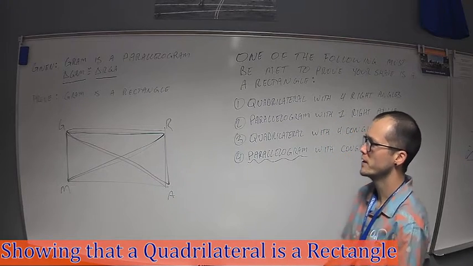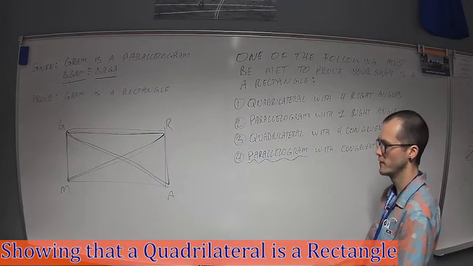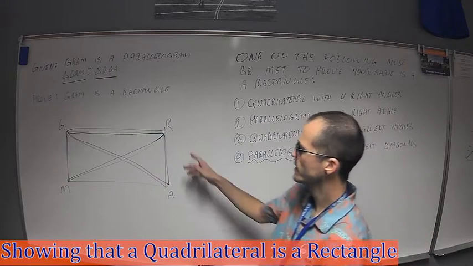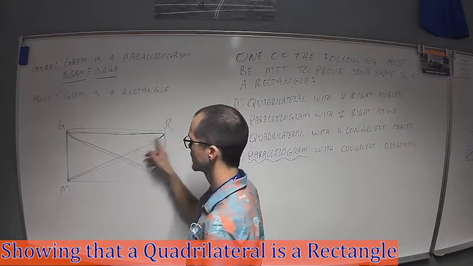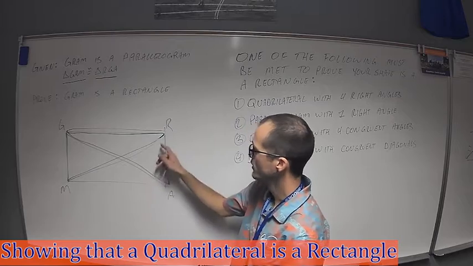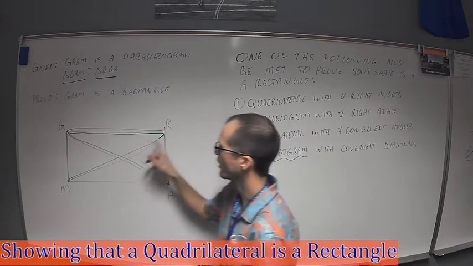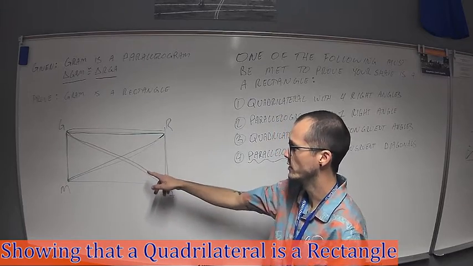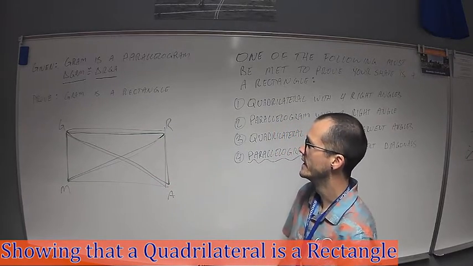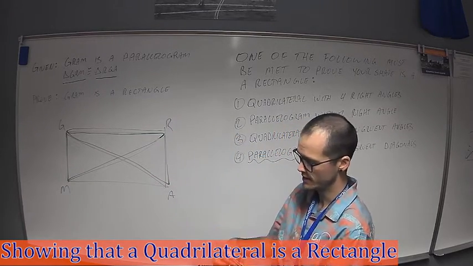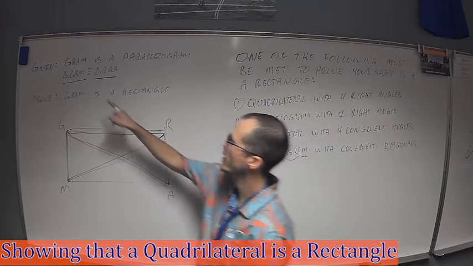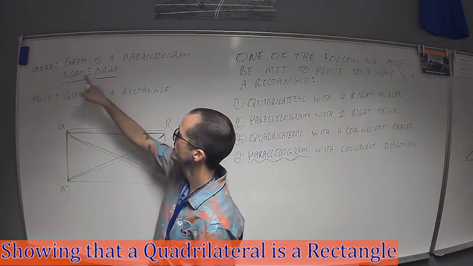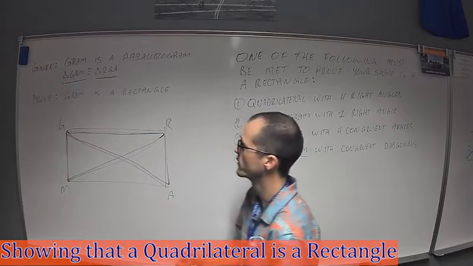So let's figure out what the consequences are of this particular fact. I'm noticing that both of these triangles occupy one of the diagonals. The green one occupies diagonal RM, whereas the red one occupies diagonal GA. So if we look at our statements up here, I'm noticing that RM is the second and third letter in the statement, whereas GA is the second and third letter of the statement.